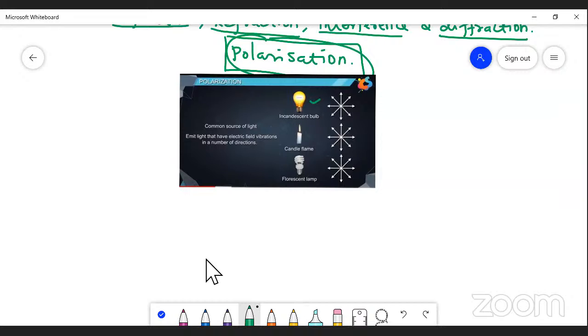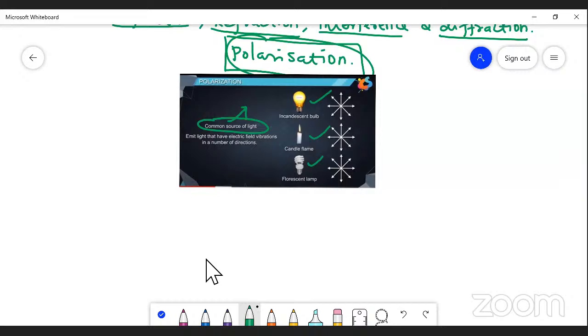Here, this is an incandescent bulb, a candle flame. This is a fluorescent lamp. So these are what? Common sources of light. Incandescent bulb, a candle flame, and a fluorescent lamp are the common sources of light. Right?